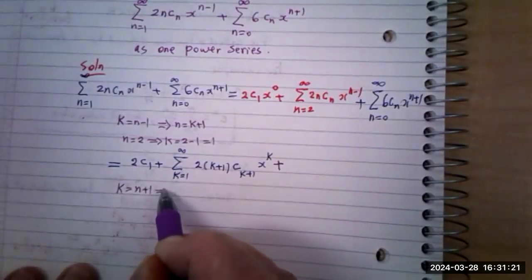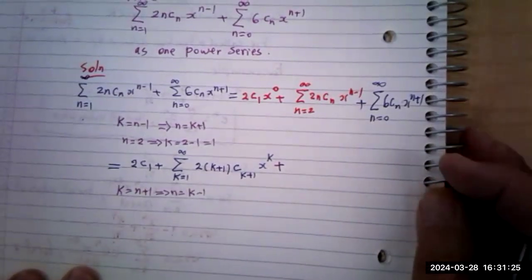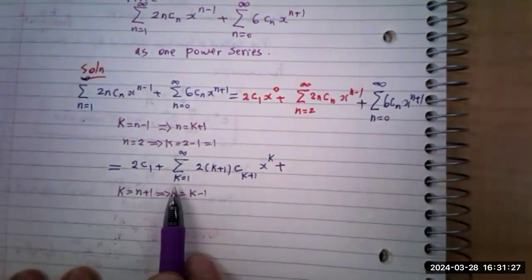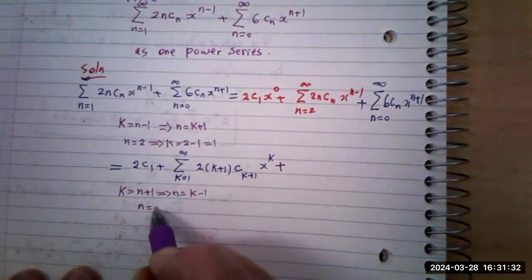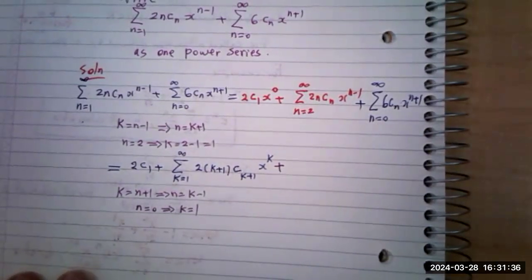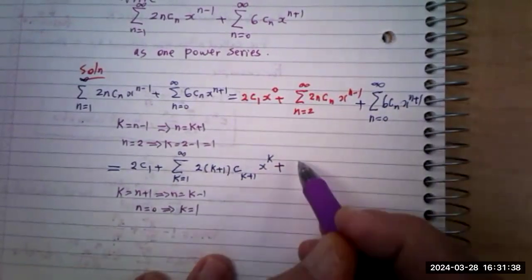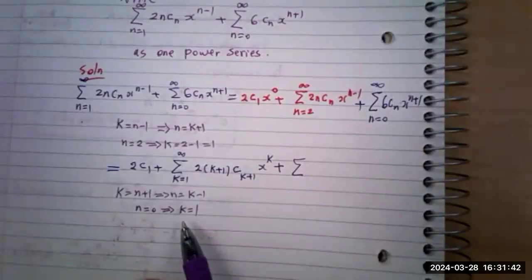If k is n plus 1, so n would be k minus 1. Do the same thing here. But this starts with n equal to 0. When n is equal to 0, k would be equal to 1. So now the second one would be sigma of, when n is equal to 0, k is 1.